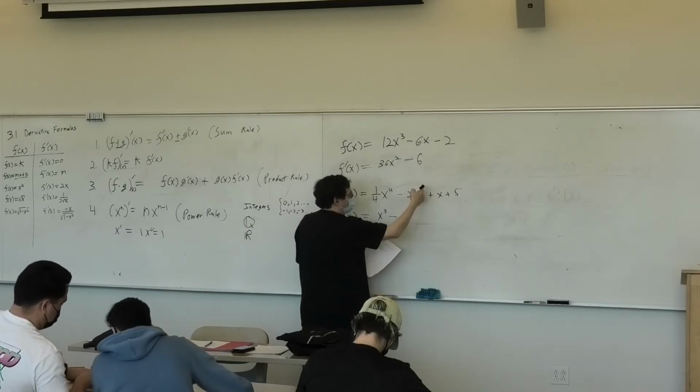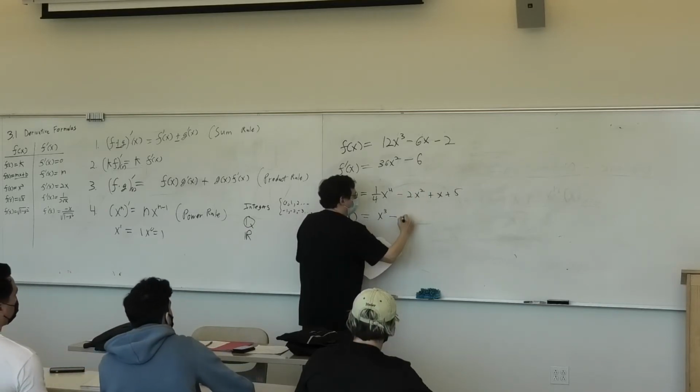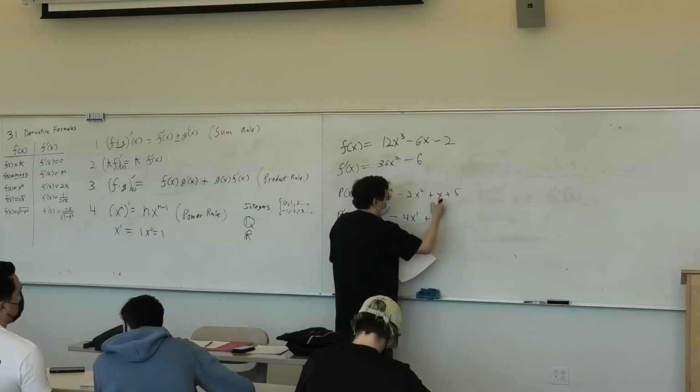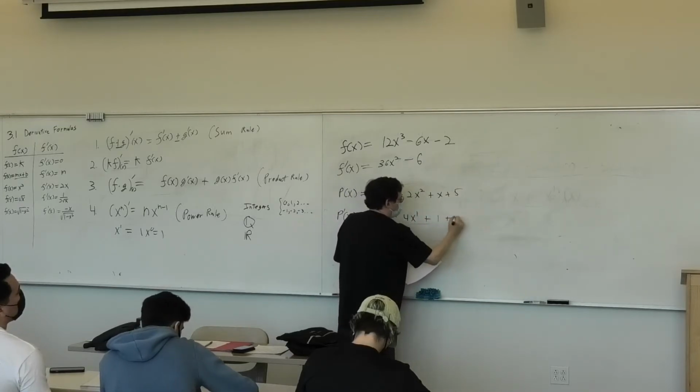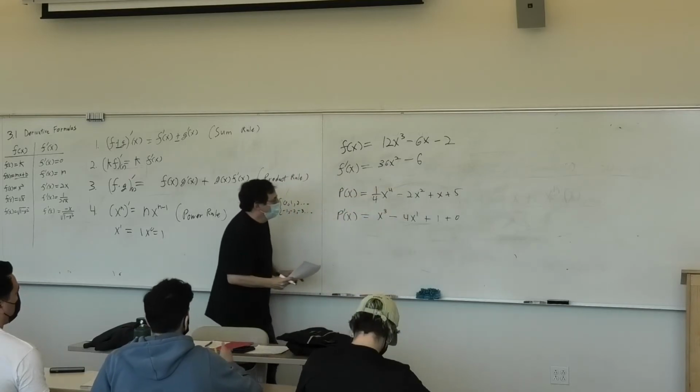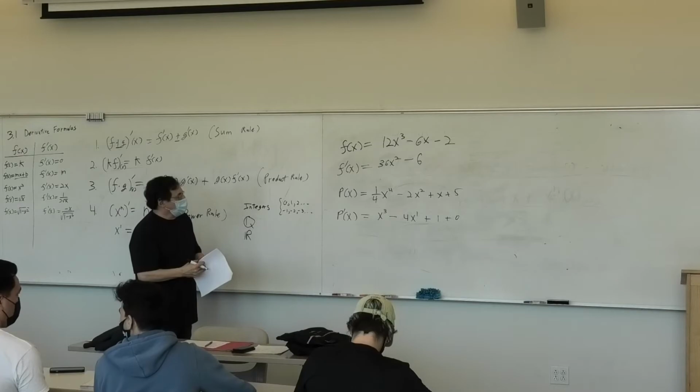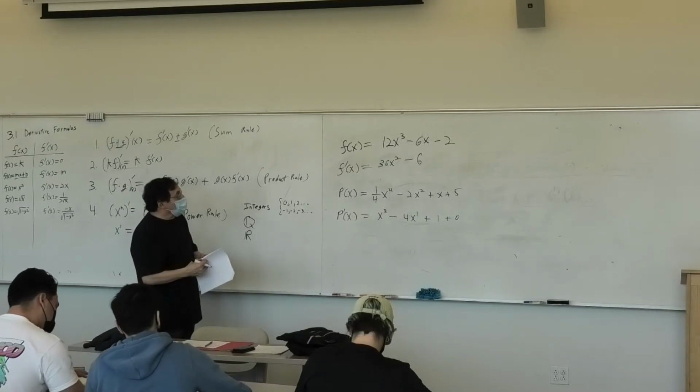Multiply the exponent times the coefficient, and subtract 1. This is just 1 and this is 0, so we're done. So finding the derivatives of polynomials is really easy.